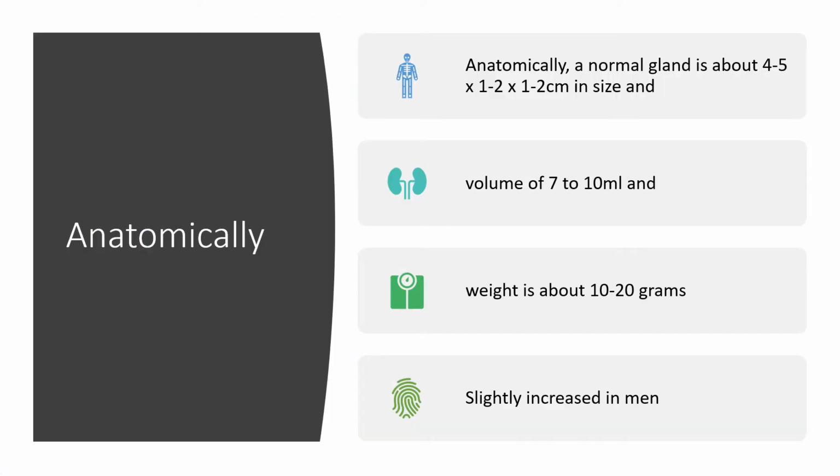Anatomically, the thyroid gland is about 4 to 5 by 1 to 2 by 1 to 2 centimeters in size and diameter. By volume, 7 to 10 mL, and by weight, 10 to 20 grams, and slightly higher in men.